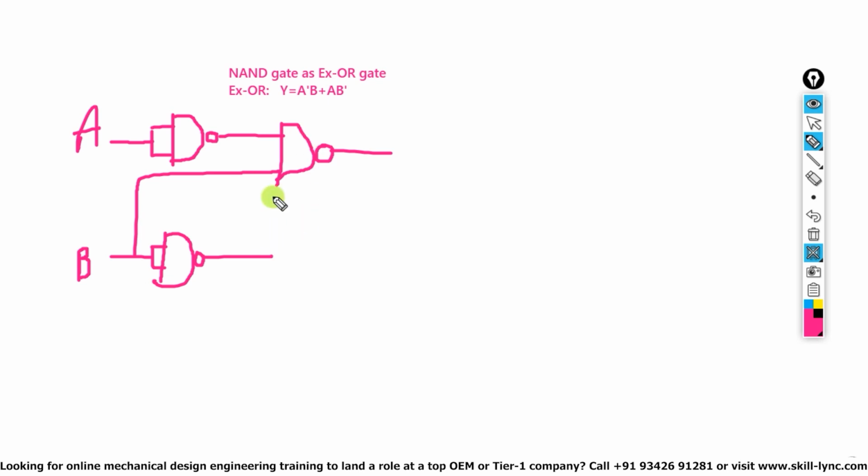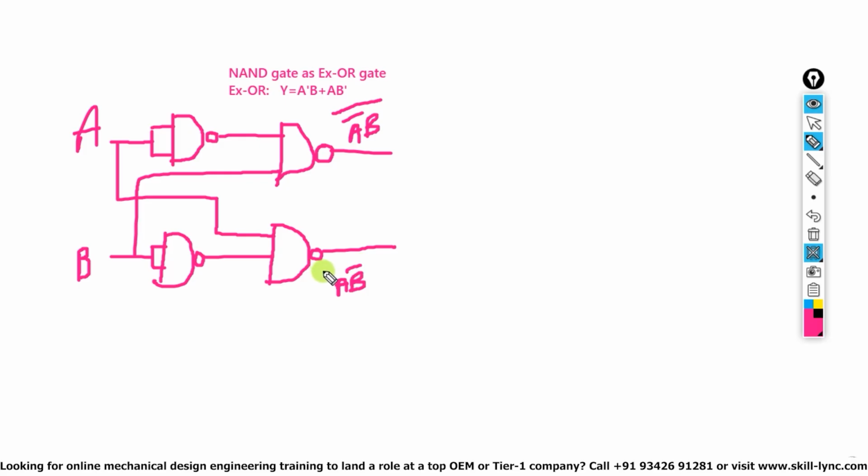And similarly here also I want A B bar. So it is B bar and take a term from A. Now this is A bar B whole complement because it is a NAND gate. Here also it is A B bar whole complement.